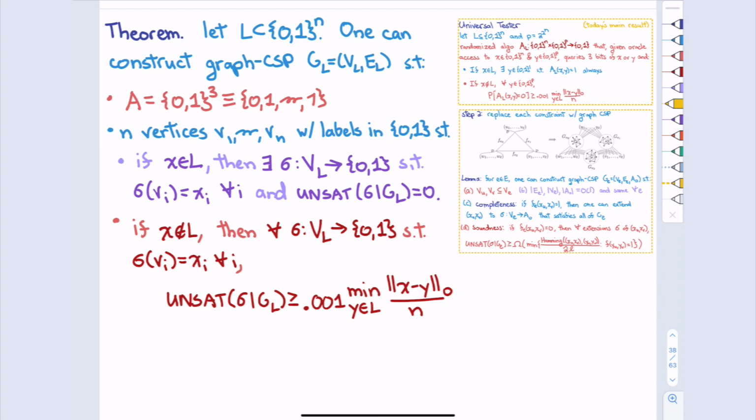This is very analogous to what was on the right. It's only presented in a slightly different language so that it's closer to what we just discussed.